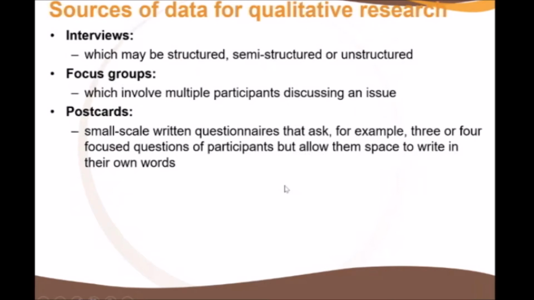And how do you obtain data for qualitative research? It is through interviews, which may be structured, semi-structured, or unstructured. You could do focus groups, or you could use postcards. These are small scale written questionnaires that ask, for example, just a few focused questions for participants to respond to.